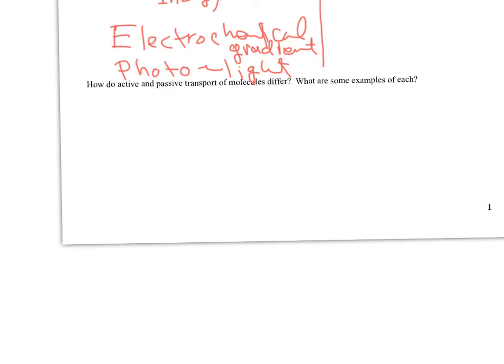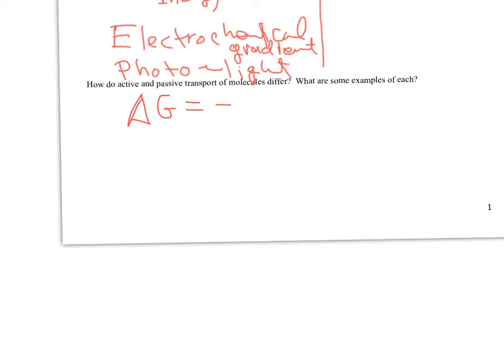Well, that's not an entirely true statement. You see, in order for any transport to go, it requires favorable energy. It requires that delta G is negative to be spontaneous.